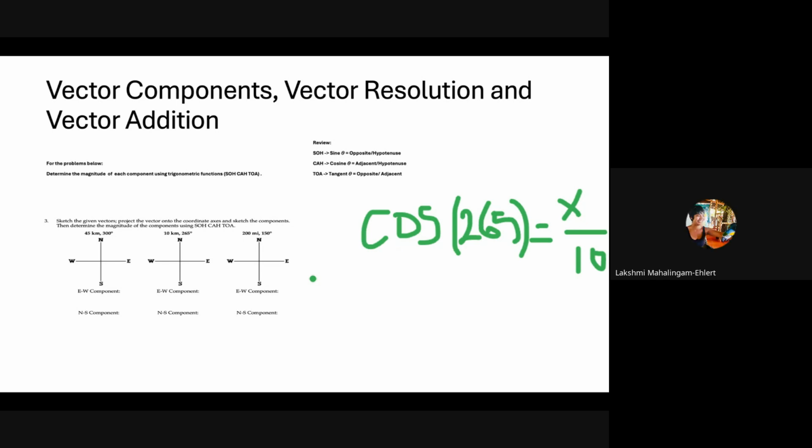You just have to multiply that by 10. And you get what? Negative, like negative 1-ish. Okay, so we get negative 1-ish. But what does that really mean directionally? It's just the component to the west is 1 kilometer. Exactly. So now we have 1 kilometer to the west.